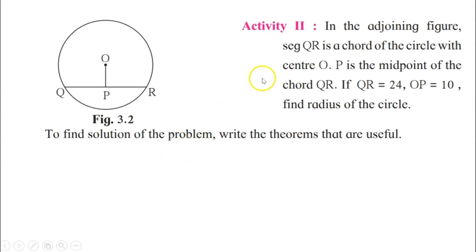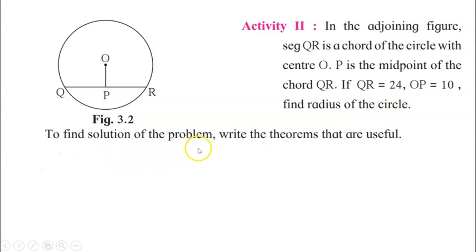Now next, second activity. In the adjoining figure, segment QR is a chord of the circle with center O. P is the midpoint of the chord QR. If QR is equal to 24, OP is equal to 10, find the radius of the circle.